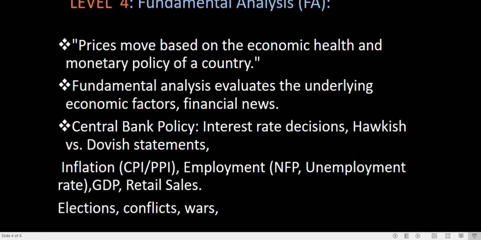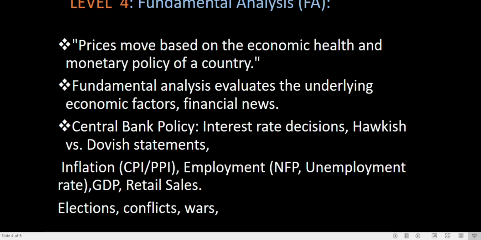If the economy is good during the trade, you might buy. If it is bad during the trade, you might sell. So in forex trading, you're doing one thing. You're either buying a currency or you're selling a currency. That is it. That is how it happens.